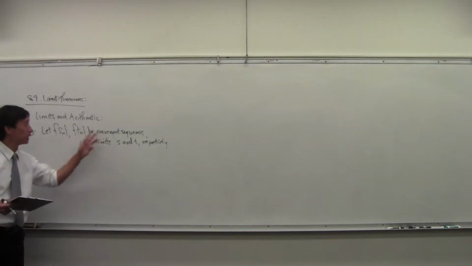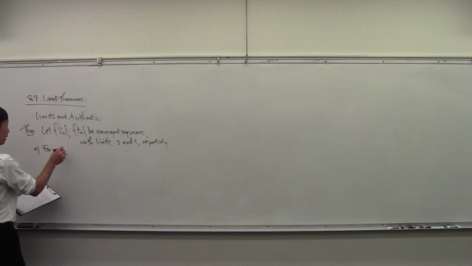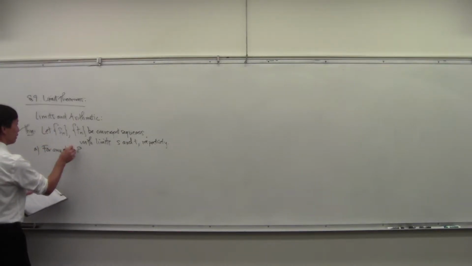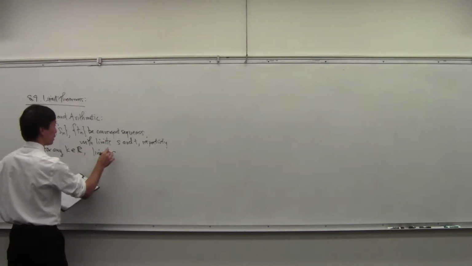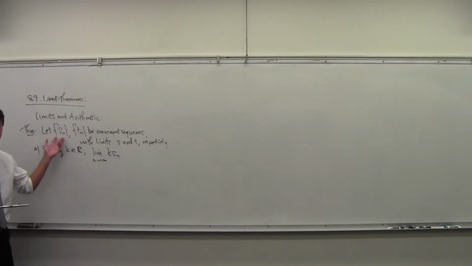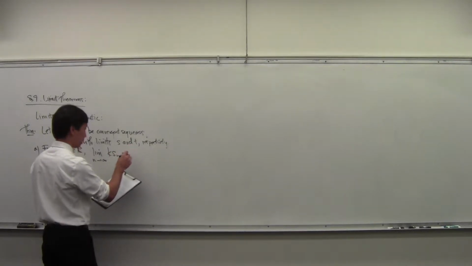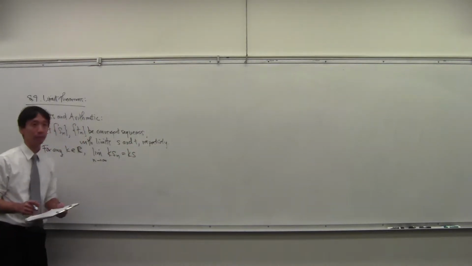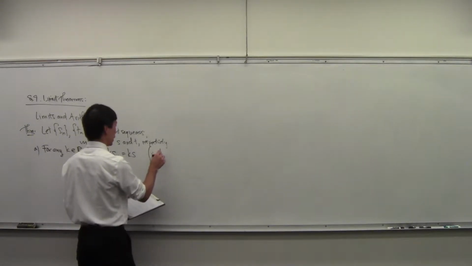The s sub n's converge to s, the t sub n's converge to t. Then basically everything that you think should happen does happen. For any constant k in the real numbers, the limit of a new sequence that you get by multiplying everybody by k is just going to be k times the old limit. In other words, k times the limit.